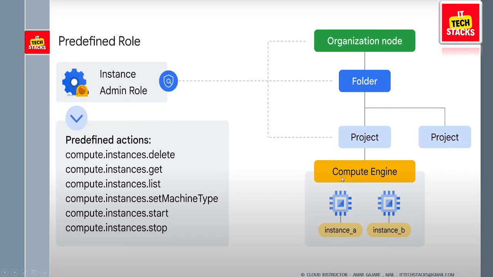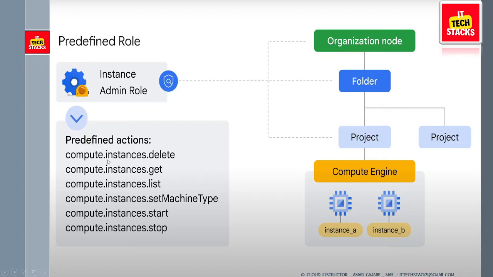Even though you have given the edit role or administrator role to specific users on your compute instances, you don't want that person to perform all the operations which an administrator can perform. You can restrict those accesses with predefined roles.